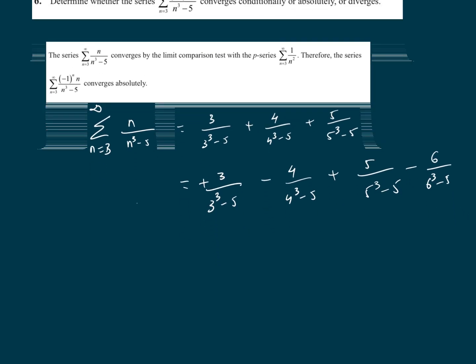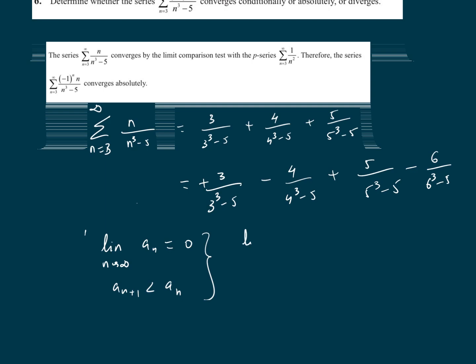To converge, two things have to be met: the limit as n goes to infinity of a sub n has to go to 0, and a sub n plus 1 has to be smaller than a sub n. Let's see if the two conditions are met.